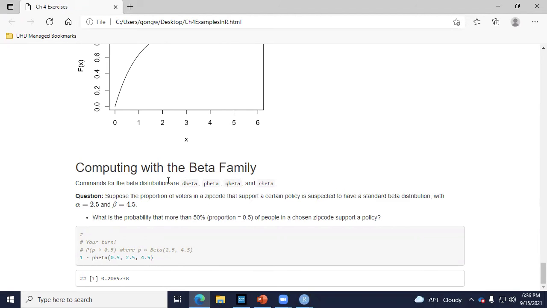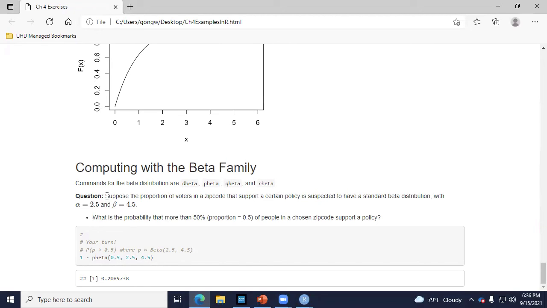It's very common to use in IT companies for data scientists or data analysts. When you work on click-through rate or this rate thing, a proportion thing, you would need to use this beta family distribution. And these are the commands for this beta distribution.